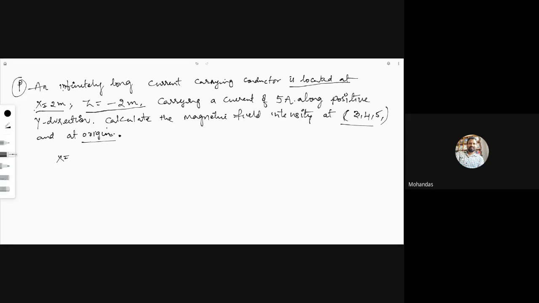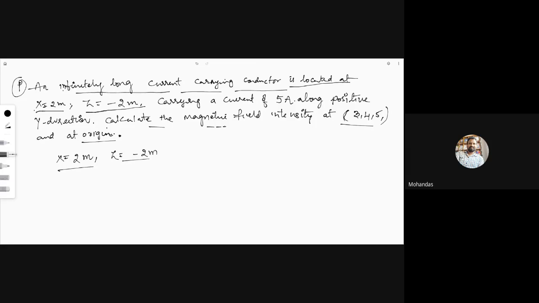But where is it placed? This is very, very important. Unless you locate this conductor, you may not solve this problem. This type of problem may be asked in the external examination.